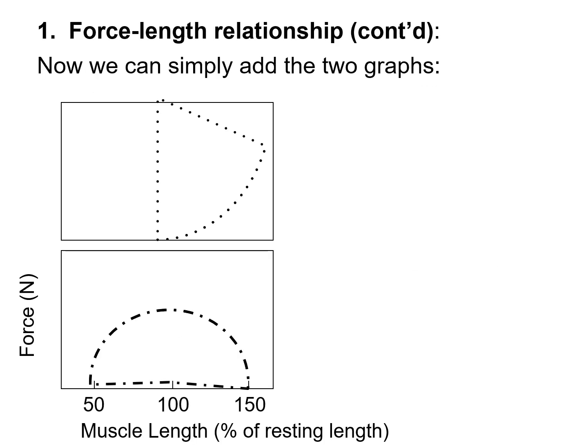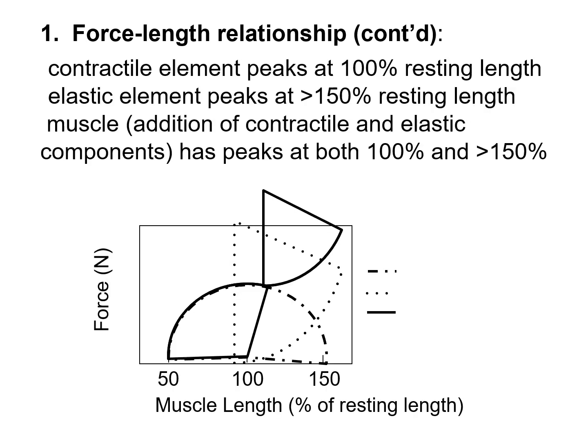Because we can combine the force by the elastic component and the force by the contractile component as well. If we add these, we'll look at the contractile component, then the elastic component, and we'll simply extrapolate beyond there. We see that the contractile element peaks at 100% of the resting length, and the elastic element peaks at 150% of the resting length of the muscle.